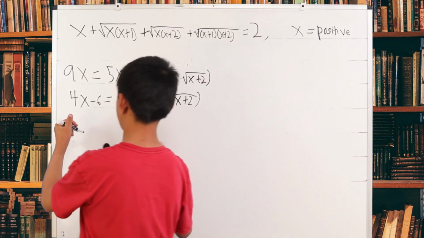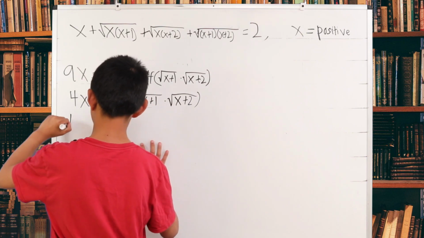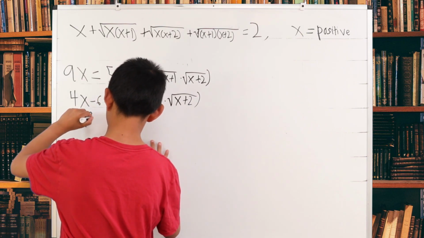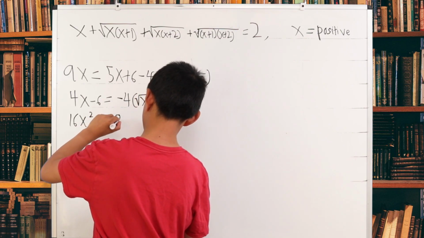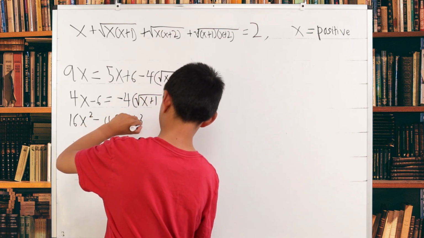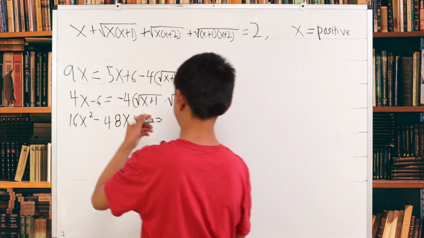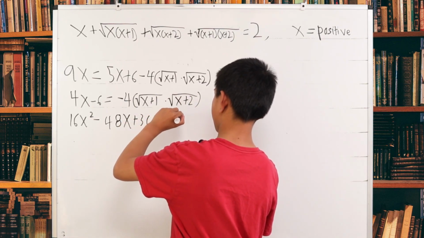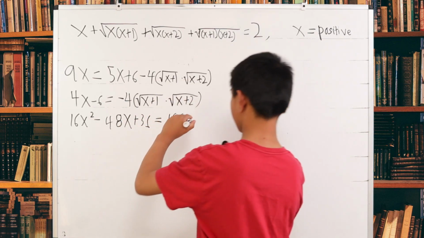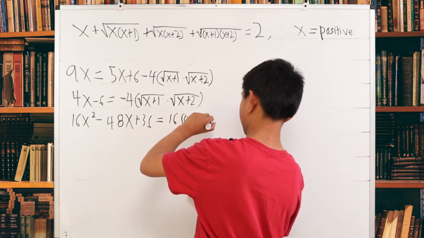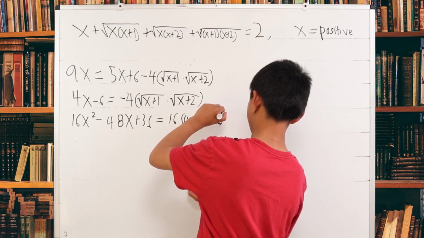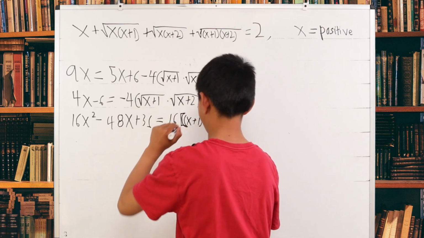So this side is really just 16x squared minus 48x plus 36, which is equal to 16 times x plus 1 times x plus 2. I'll just write it in brackets.